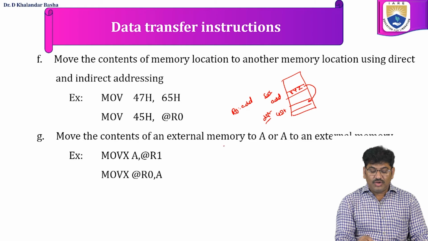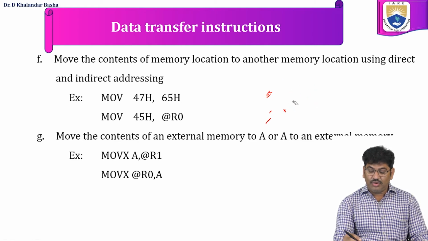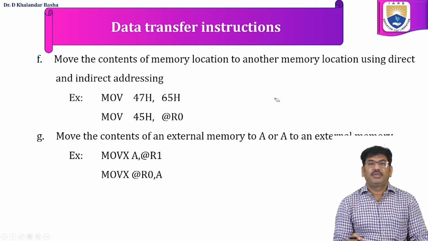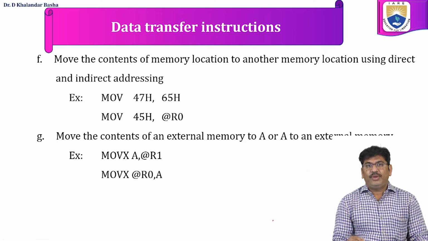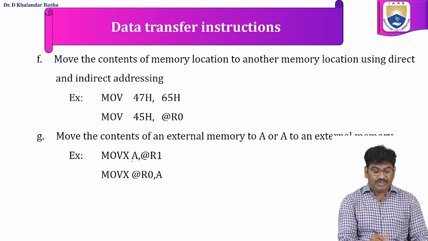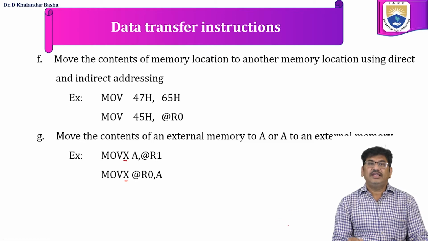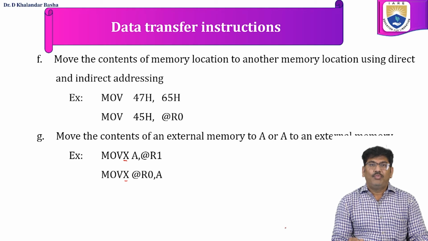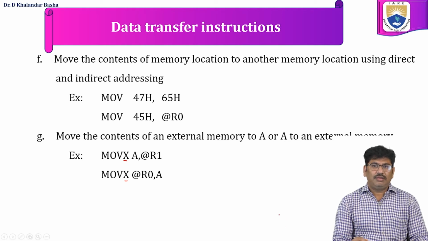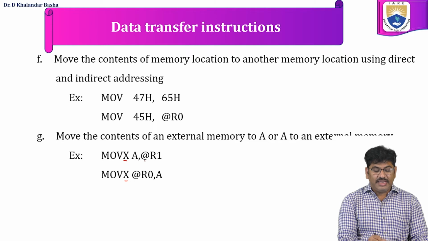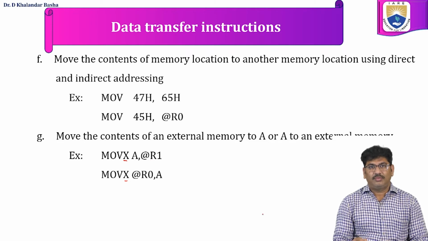Next, move the contents of external memory to accumulator, or accumulator to an external memory. Whenever you are copying data to external memory, the move instruction will be suffixed with X. X indicates it is a move of data to the external memory. So MOVX A, @R1.